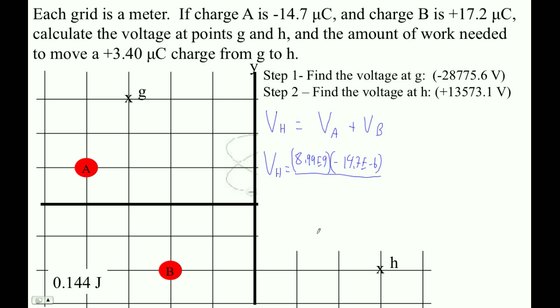And A is 1, 2, 3 down, and 1, 2, 3, 4, 5, 6, 7 over. Let's double check. 3 down, 7 over. Yes, so square root of 3 squared plus 7 squared, right? And then the voltage due to B is going to be 8.99.